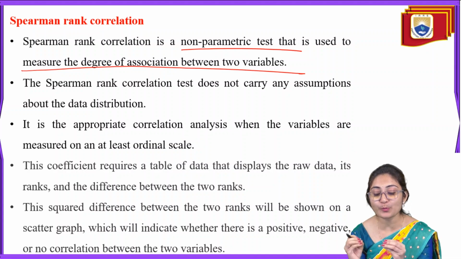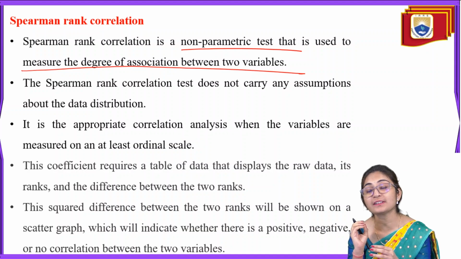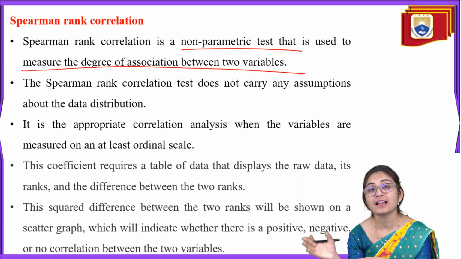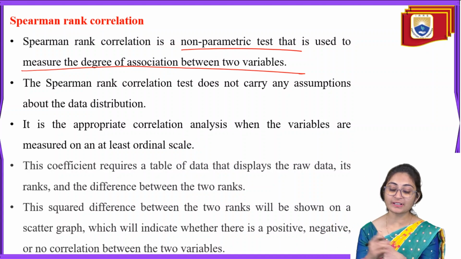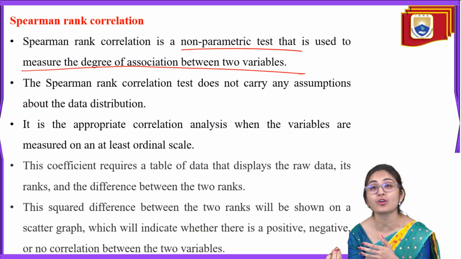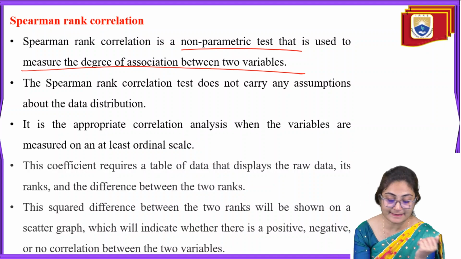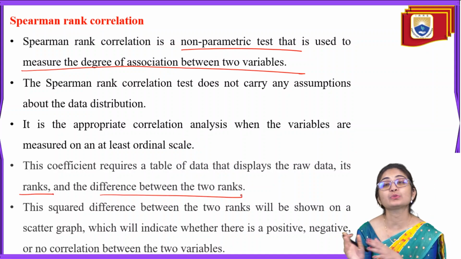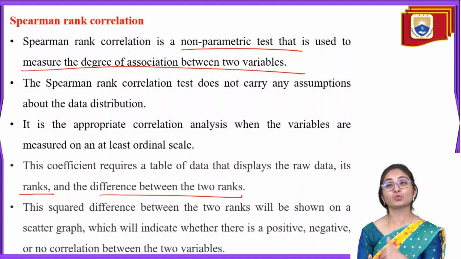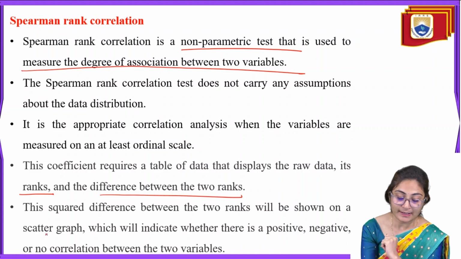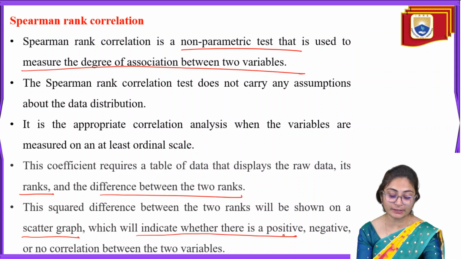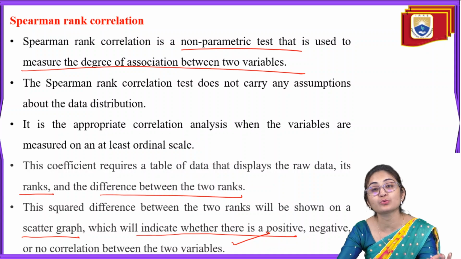It's appropriate whenever the variables are measured on an ordinal scale, and the coefficient requires a table of the data which will display the raw data, its ranks and the difference between the two ranks. The squared difference between the two ranks will be shown like a scatter graph, which will indicate whether there is positive, negative or no correlation between the two variables.